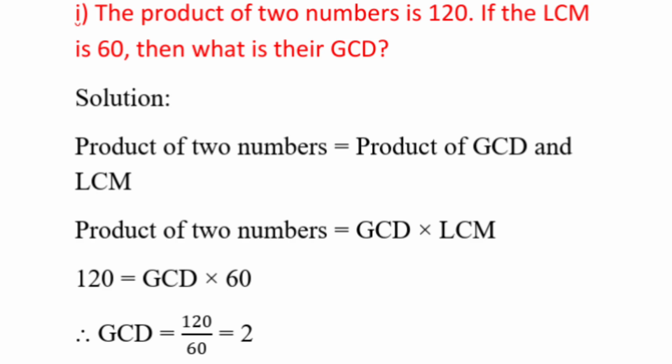So product of two numbers is given 120 equal to GCD, which we have to calculate, times LCM, which is 60. Therefore GCD is equal to 120 divided by 60. So 6 1s are 60 and 6 2s are 120, the 0s get cancelled and 6 2s are 12. Hence the GCD is 2.